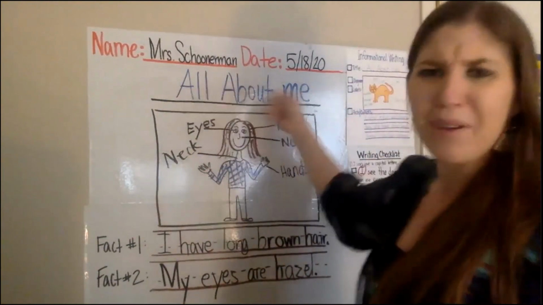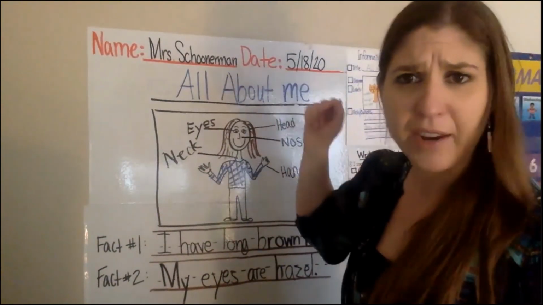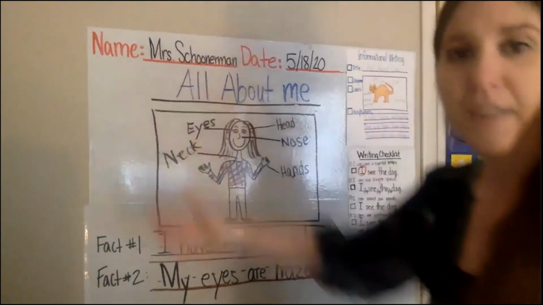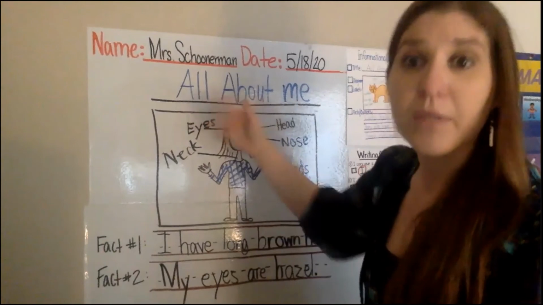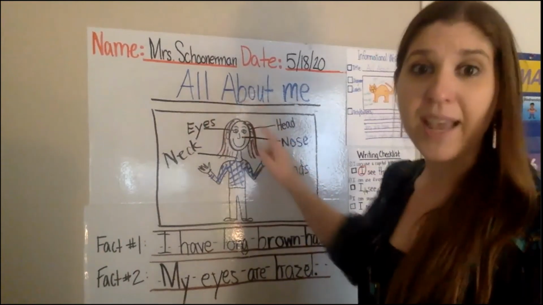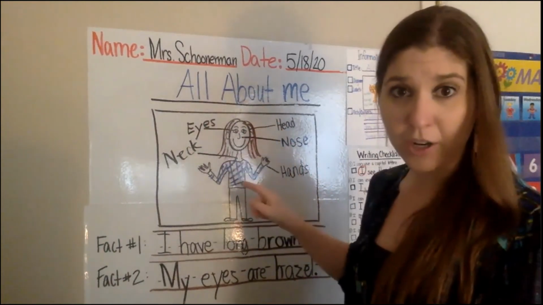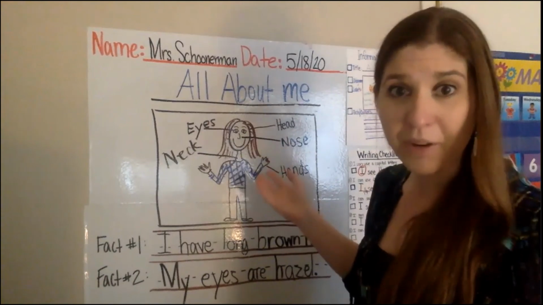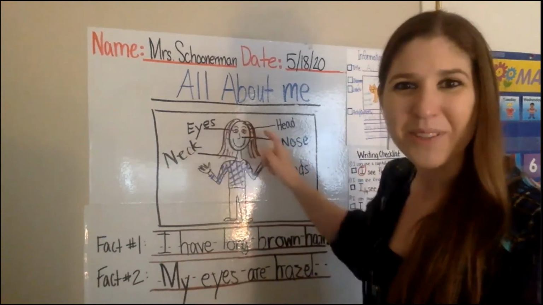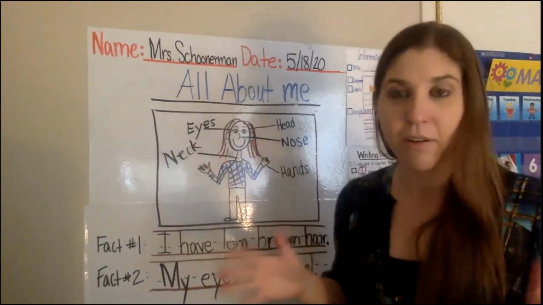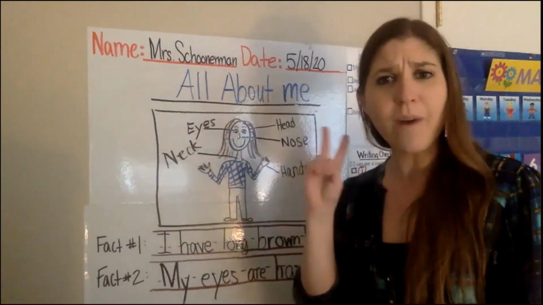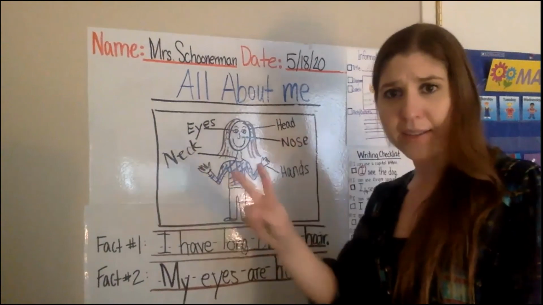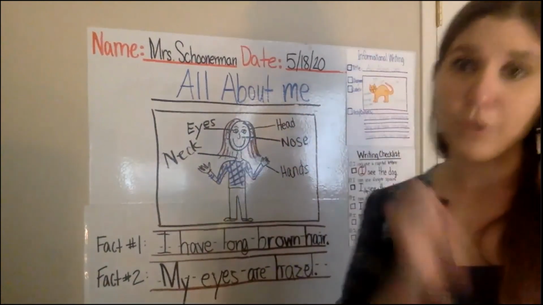So maybe you want to erase this and you want a different title. That's fine. The title just has to do with what you're teaching your reader about. So we did the title. Next, we have to add the diagram, the picture of what we're teaching our reader about. Then we add labels as to the different parts that are in our diagram, that are in our picture. And we add 2 facts that are real about you.